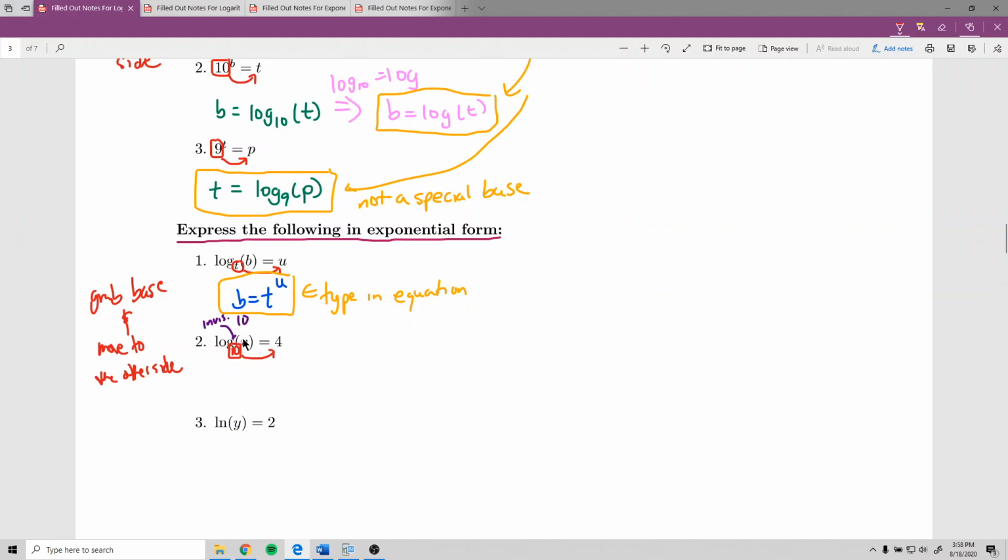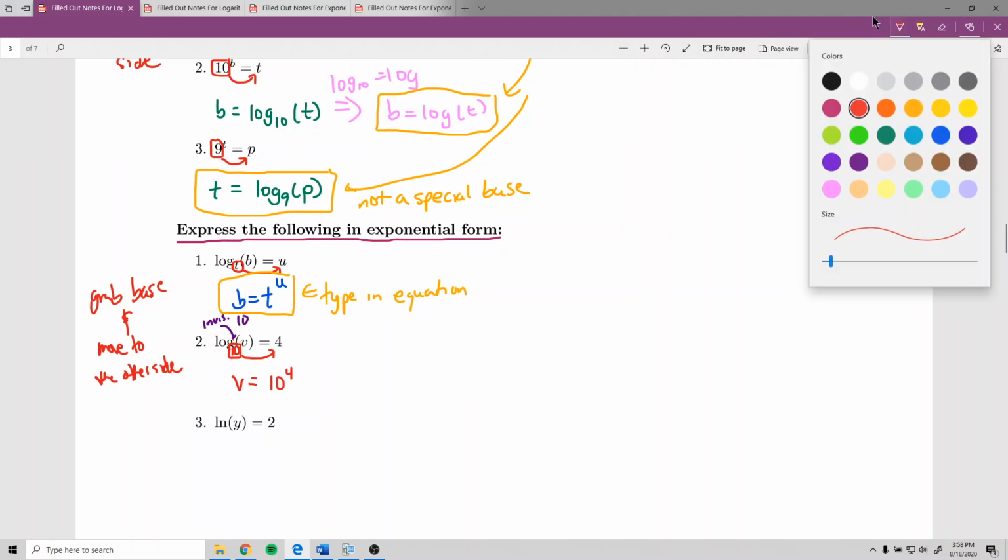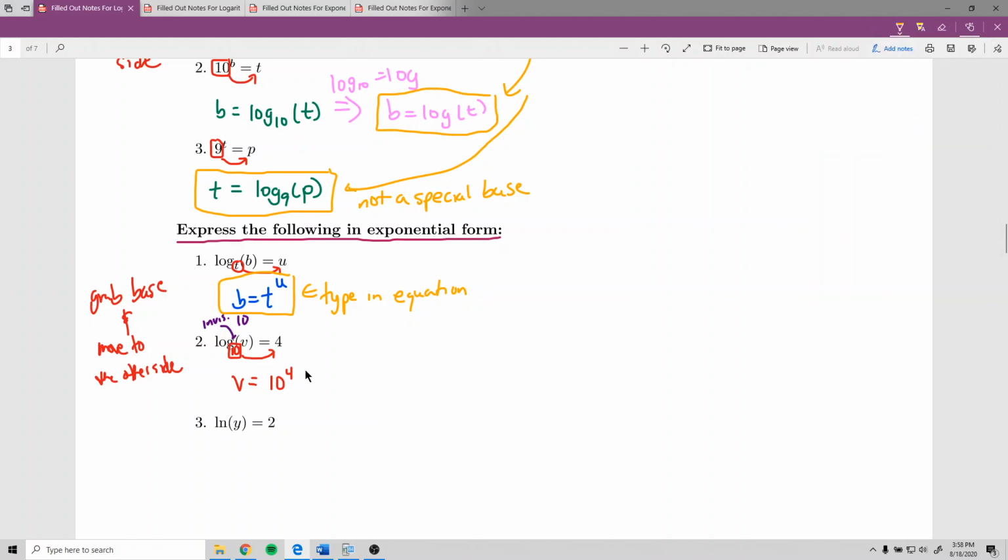The only thing that remains on the left side is v, and the right side is 10 to the 4th power. Now, one thing I think is kind of funny about this one is that this is just a number, but you still want to type in the equation. So don't simplify 10 to the 4th.